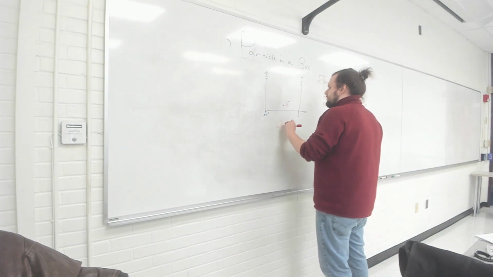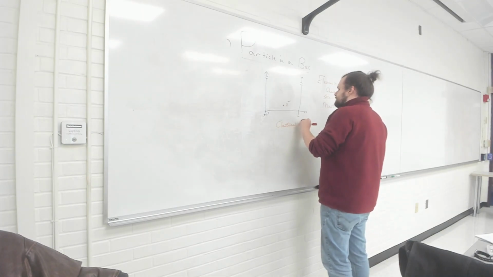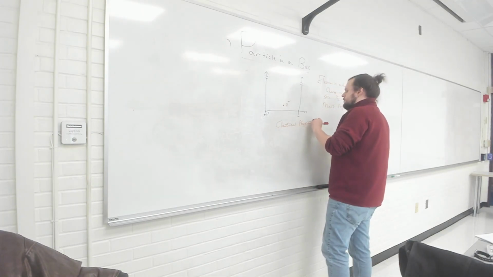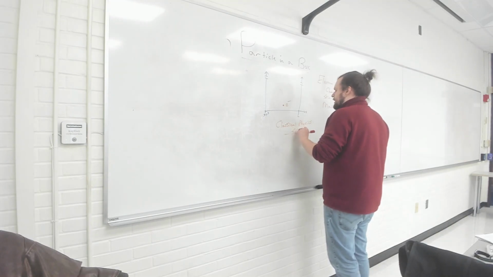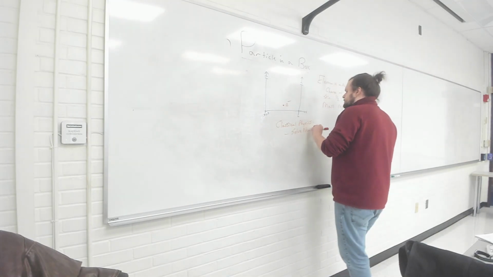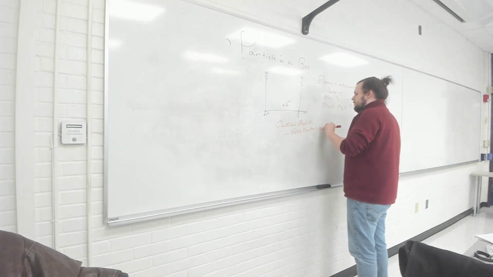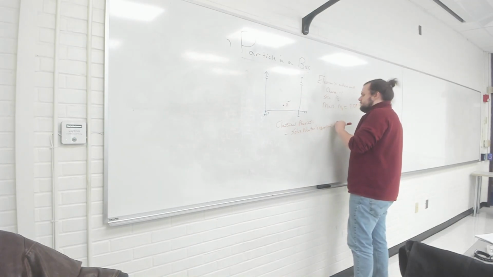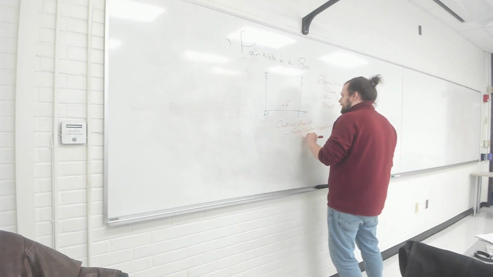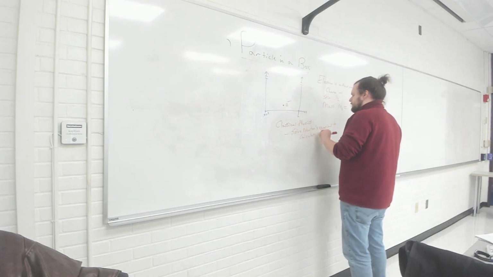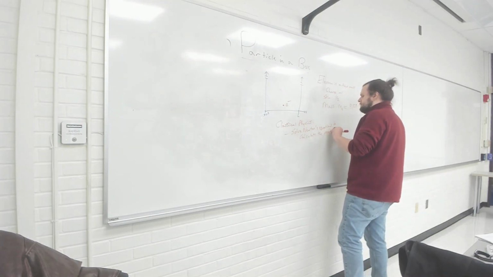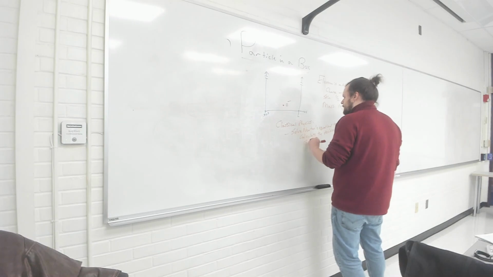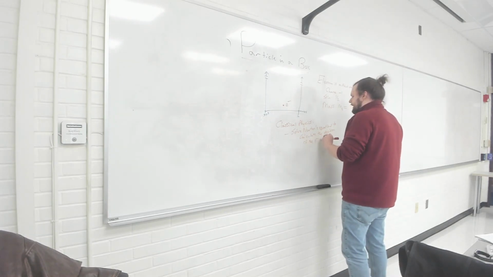Classical physics says we solve Newton's equations to calculate the position of the atom, or the electron, at any point in time.